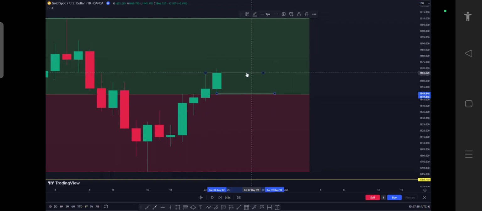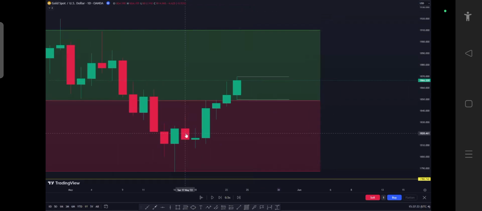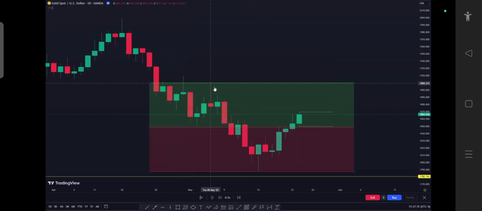Now the buy side liquidity, where is the buy side liquidity? Buy side liquidity is in the form of this high, consequent encroachment. Still, I'll be looking for bullish. If price trades below this low but does not close below this low, still I'm looking for buyers.